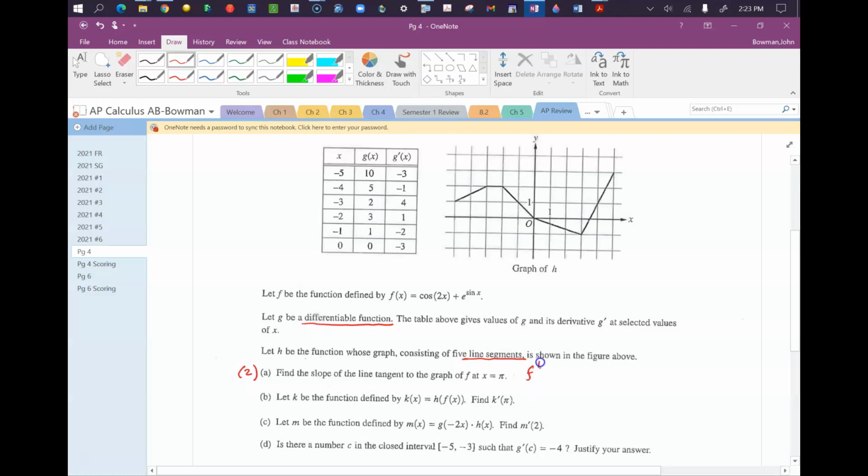So f prime of x is equal to, don't forget to apply the chain rule here, negative sine of 2x times the derivative of 2x, which is 2, plus e to the sine of x times the derivative of the sine of x, which is the cosine of x. And then we need to evaluate that at pi.